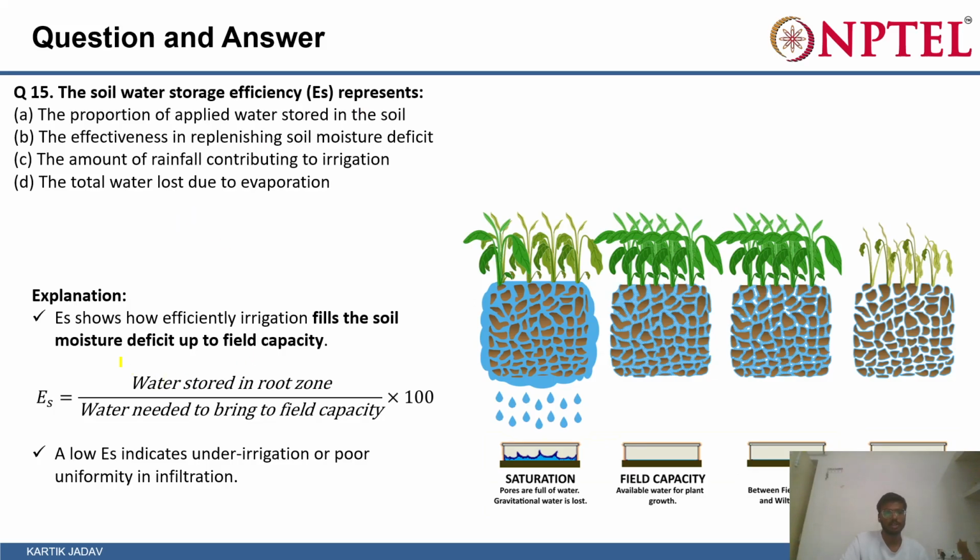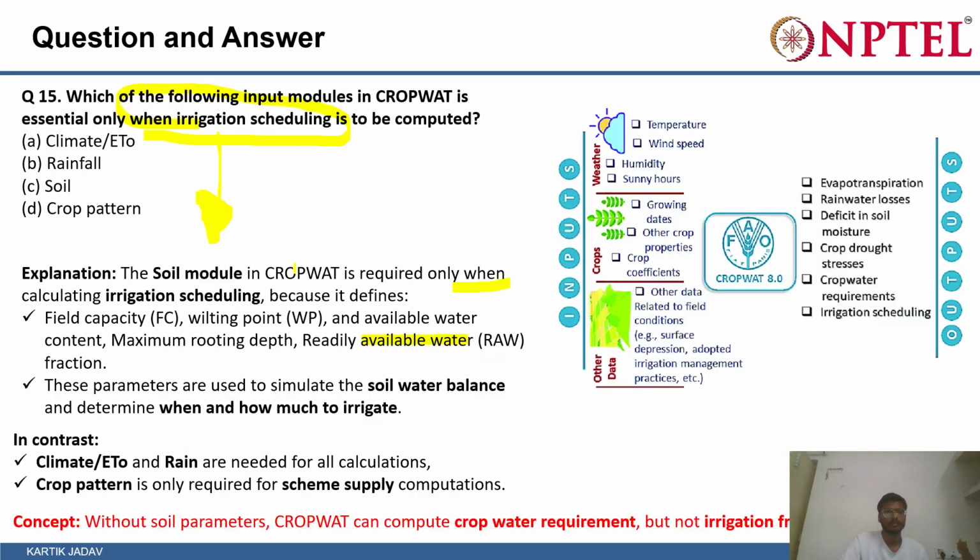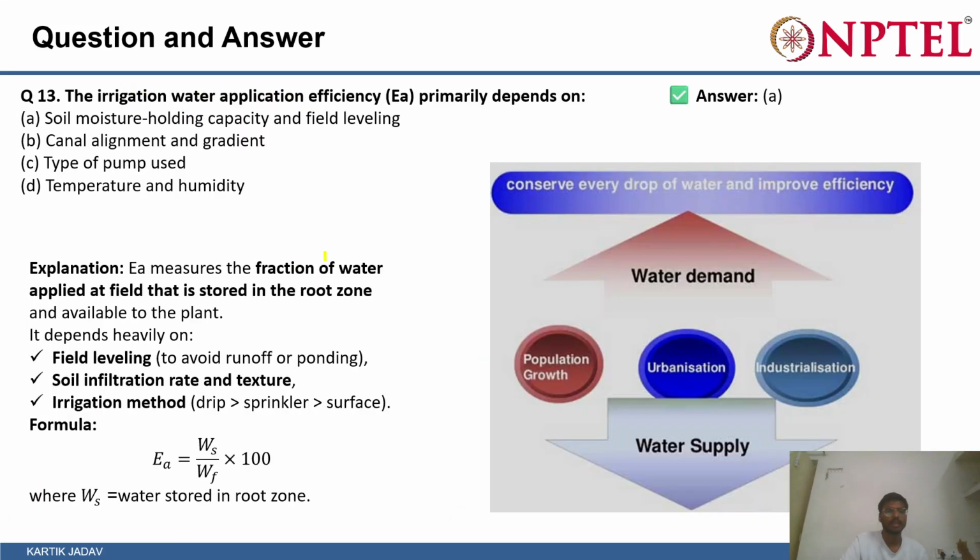The soil water storage efficiency represents soil storage efficiency. It is the water stored in the root zone and the water needed to bring it to field capacity. So that is your water storage efficiency. In the case of application efficiency, it is the water stored in the root zone relative to the water we have diverted to the field.